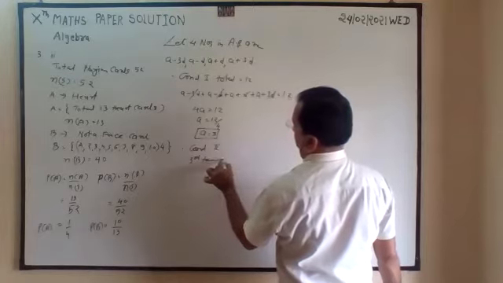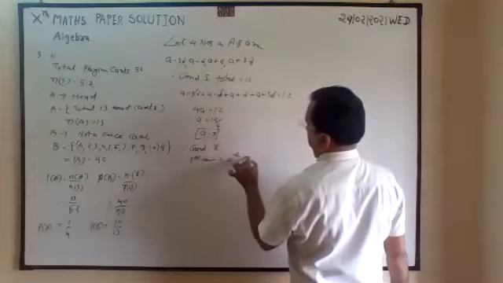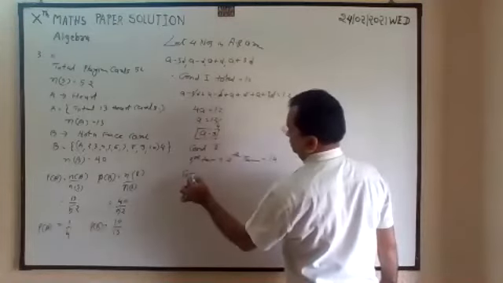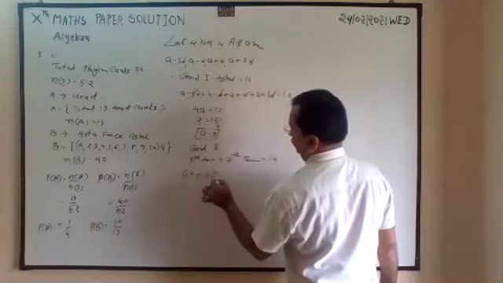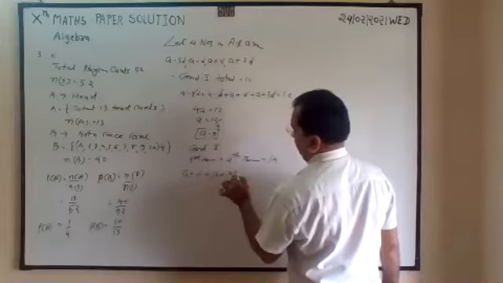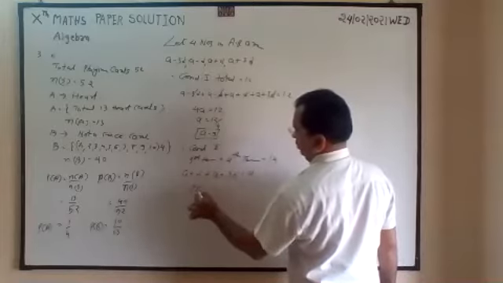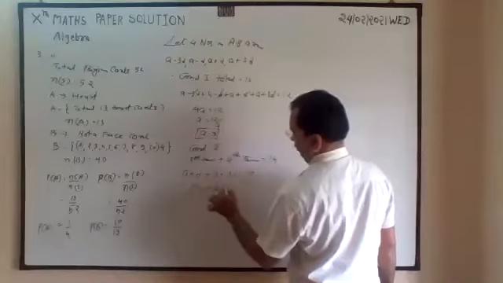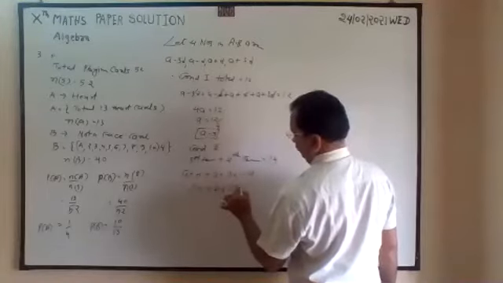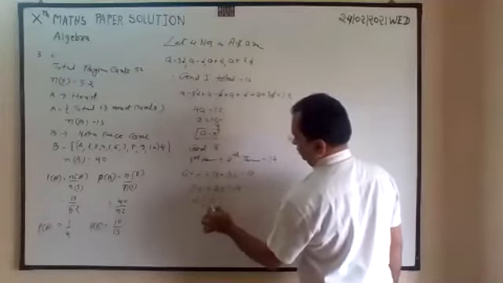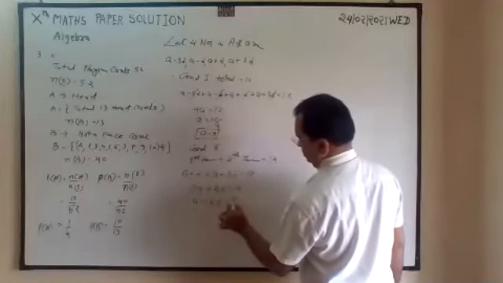Sum of third and fourth term is 14. Third term a plus d, fourth term a plus 3d, is 14. So 2a plus 4d is equal to 14. Dividing by 2, a plus 2d is equal to 7.